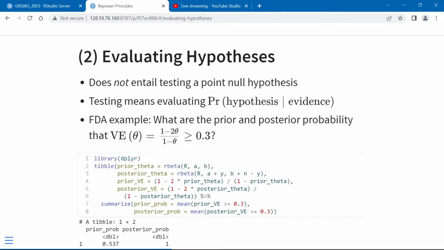And so this transformation, it's easiest to just do with simulations. So we can draw from the prior, we can draw from the posterior using a different beta distribution, transform from theta to the vaccine effectiveness function, and then compute the prior probability of it being greater than 0.3, and compute the posterior probability of it being greater than 0.3.